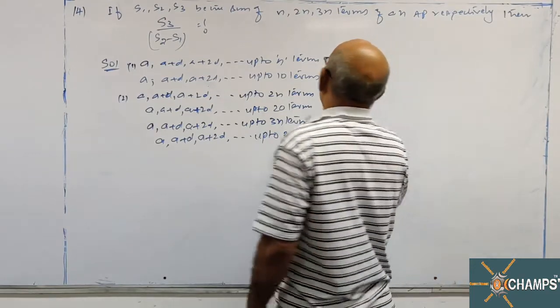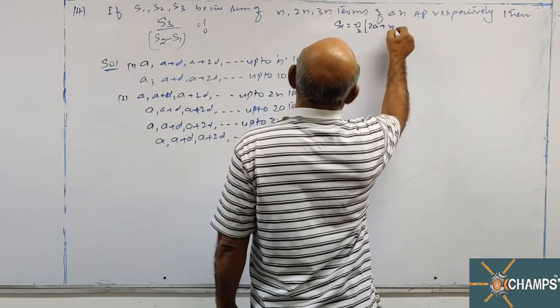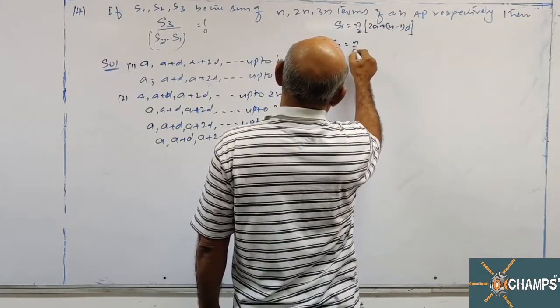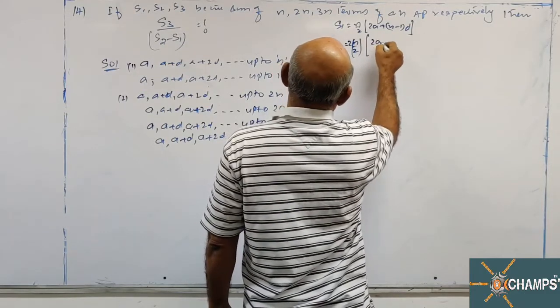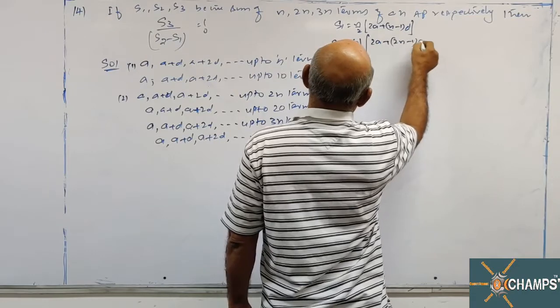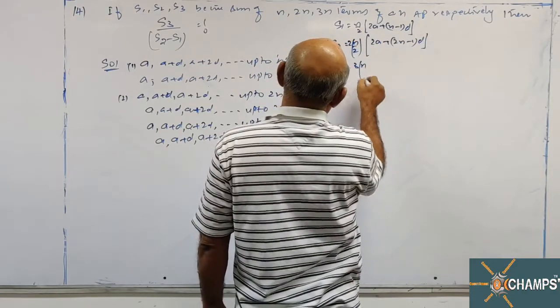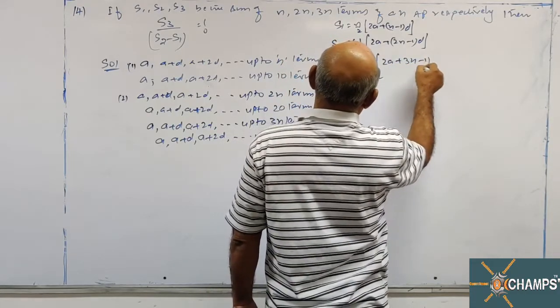Okay. So S1 is equal to n by 2 into 2a plus n minus 1 into d. S2 is equal to 2n by 2 into 2a plus 2n minus 1 into d. S3 is equal to 3n by 2 into 2a plus 3n minus 1 into d.